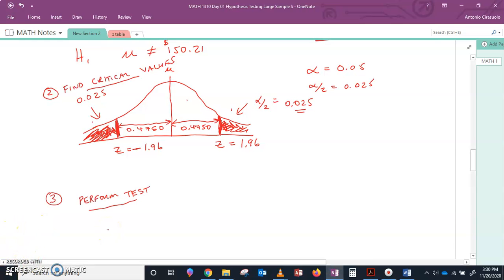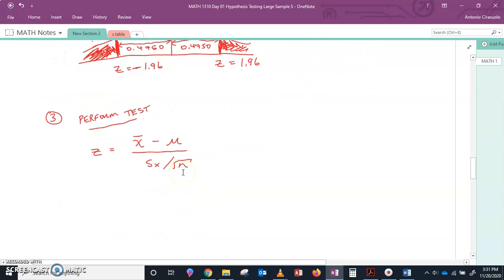And once again, the test is Z is equal to the sample mean minus the population mean, what we expected, what's used in the hypotheses, divided by the standard deviation all over the square root of sample size. And based on our question, we have the following.